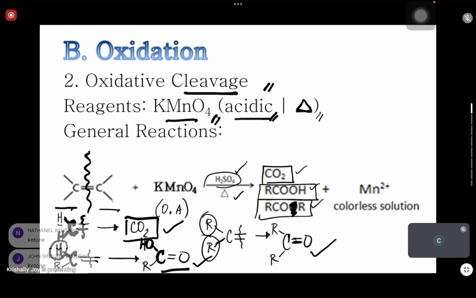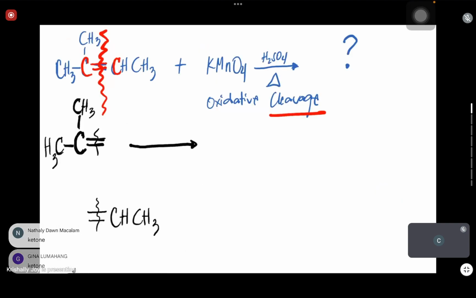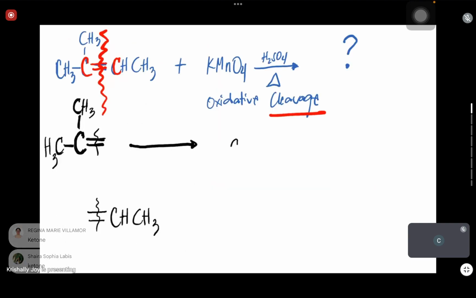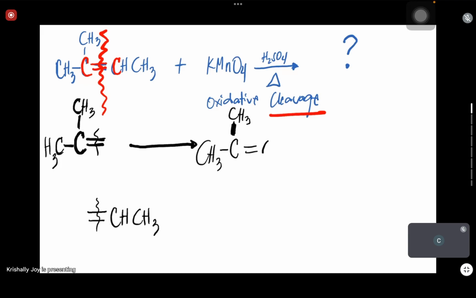So, ang mahitabo, kaning cleaved portion niya, it will be oxidized automatically. Dagdagan mo lang siya ng oxygen. So, kopyahin mo yung buo. That's CH3, and then this one, CH3, then buo, oxygen. Okay? So this is the first product. It's a ketone. How about the other cleaved product?